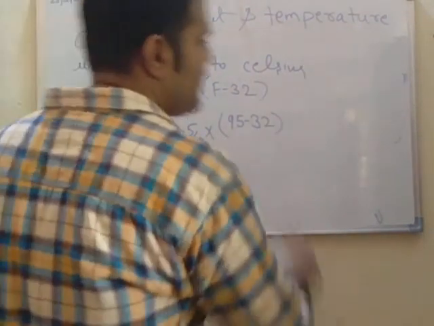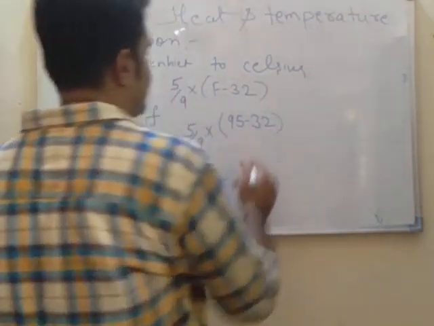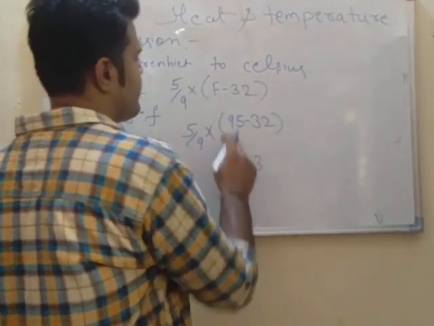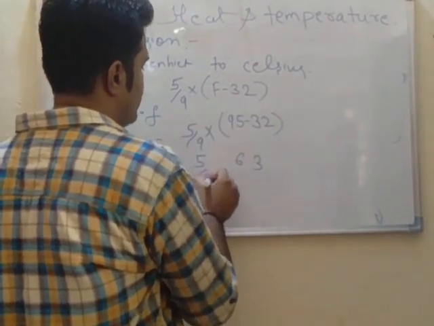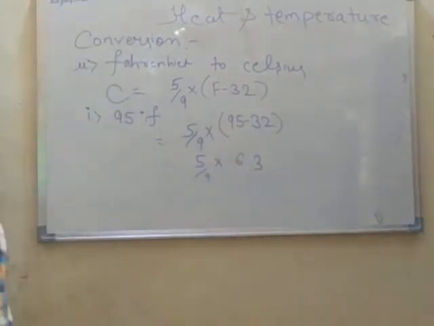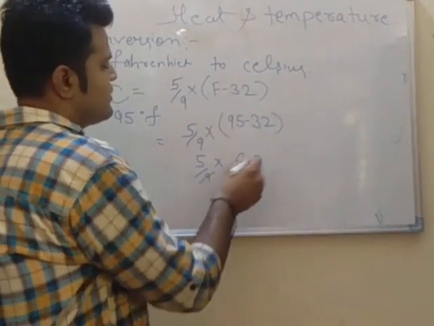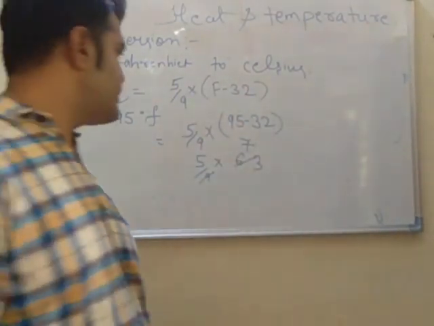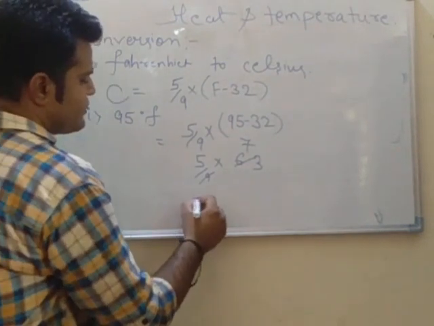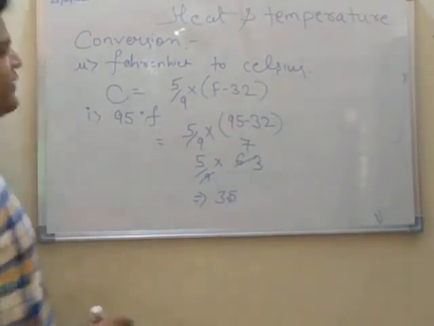So what is the value of 95 minus 32? It is 63. So 5 upon 9 into 63. 9 sevens are 63, and 7 fives are 35.